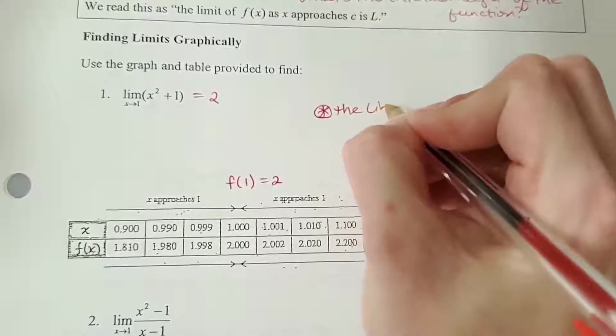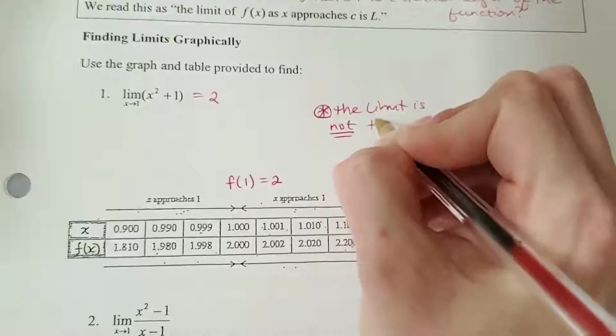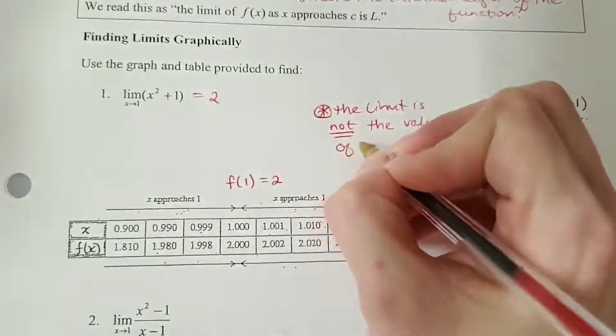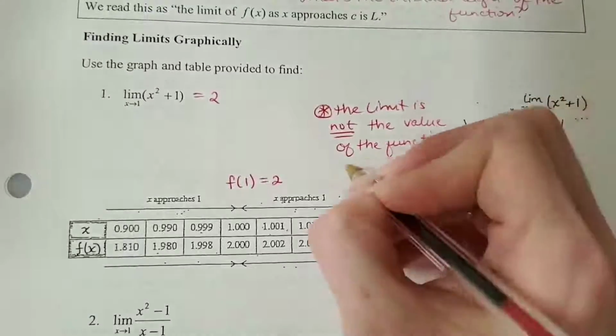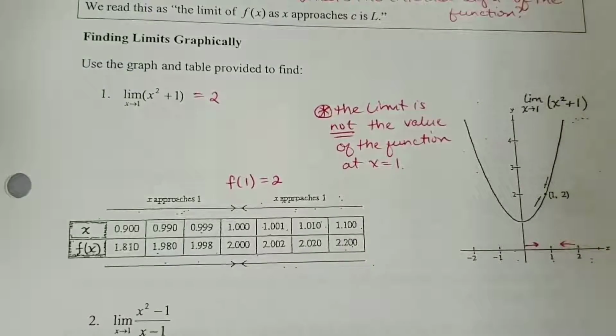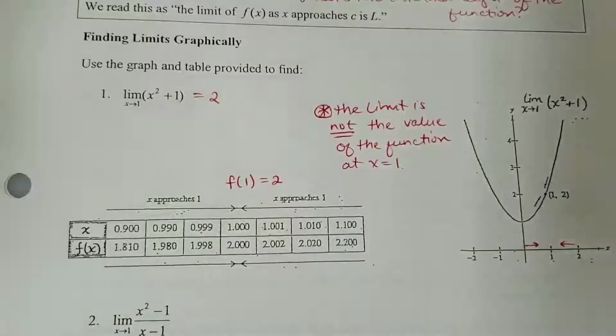The limit is not the value of the function at x equals 1 in this case. They can be the same number, but just because I know the value is 2 does not mean that my limit has to be 2. So I don't want you to oversimplify what we just looked at there.